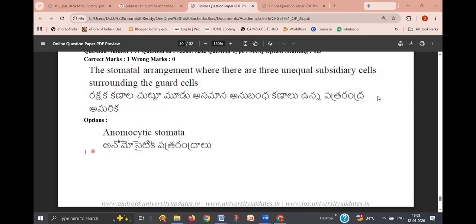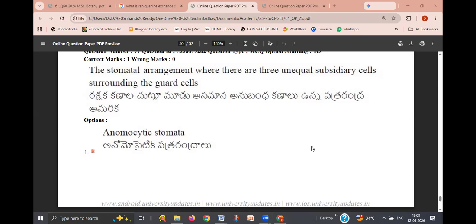So we start with the question: the stomatal arrangement where there are three unequal subsidiary cells surrounding the guard cell. Already we are discussing the arrangement of the stomatal cells with reference to subsidiary cells in dicot leaves.